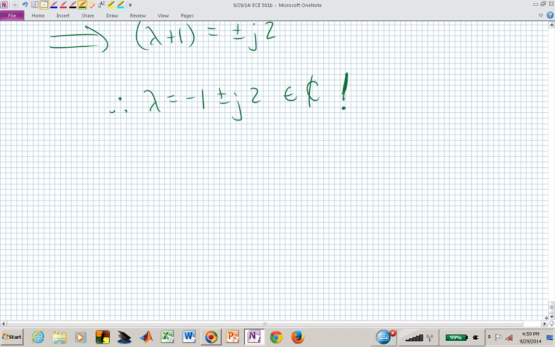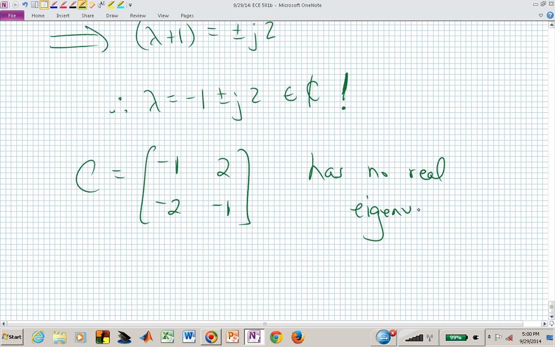And if we look again at what that matrix looked like, that particular matrix had the real parts on the diagonal and the imaginary parts on the off diagonal. It had eigenvalues at -1, plus and minus j2.